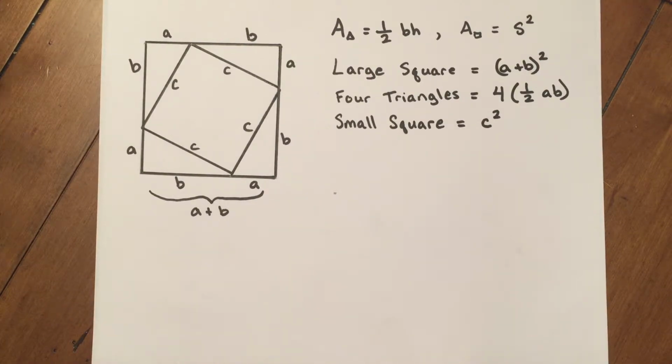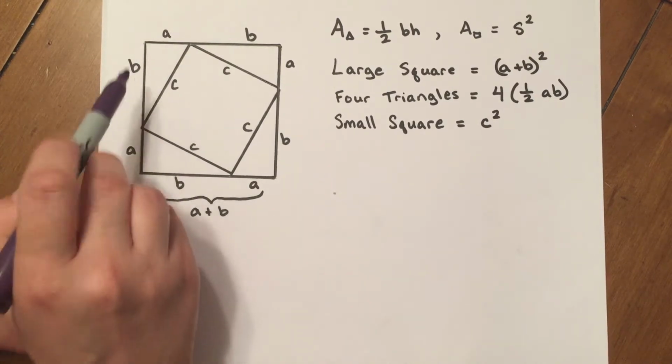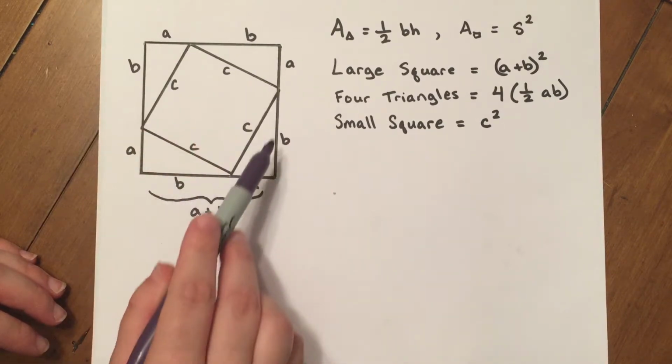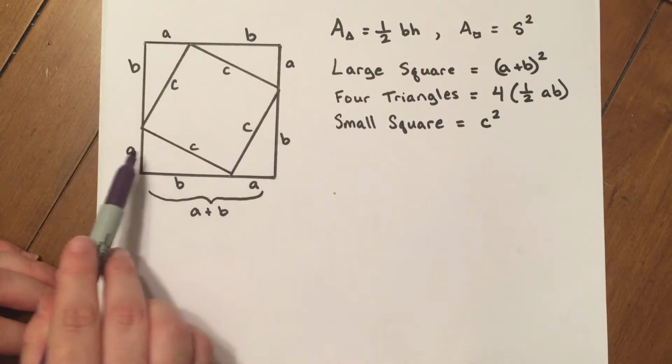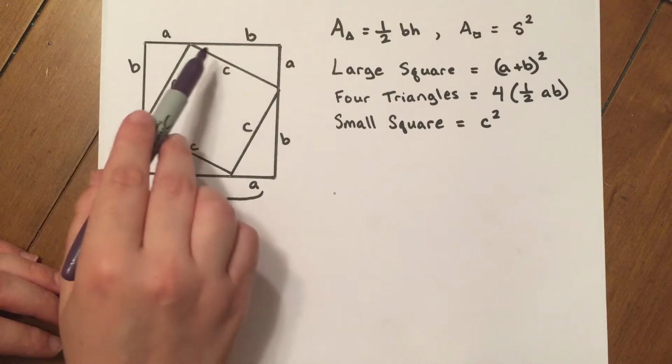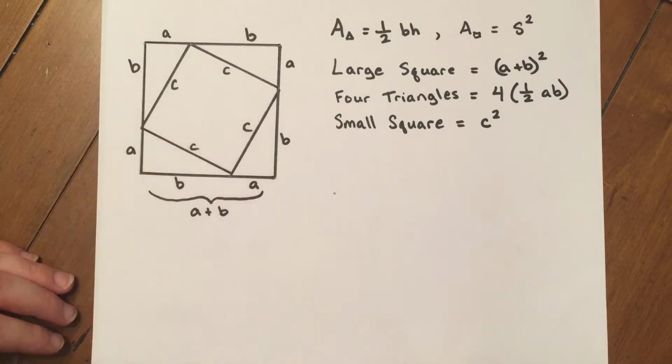Now, looking at that, in order to do this proof, we're just going to do a little bit of subtraction. We're going to say that if we want to get to the area of the smaller square, we're going to take the area of the larger square and subtract those triangles, right? If we take this big square, we get rid of these triangles, we're going to be left with just the small square.